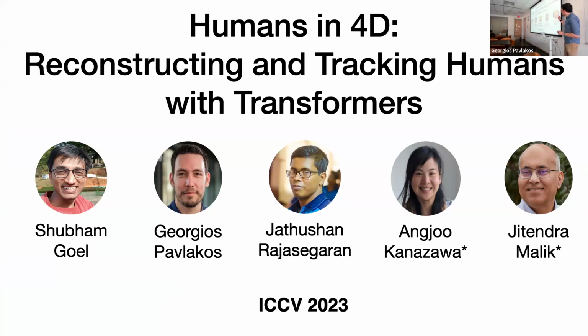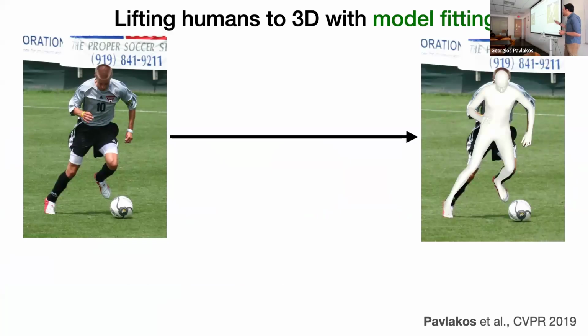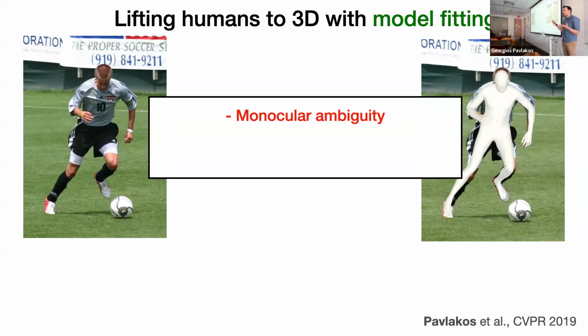So in this problem of lifting humans to 3D, or honestly lifting any object to 3D from a single image, this is very challenging. Just some general problems that you have to deal with is the monocular ambiguity. There are many plausible 3D interpretations of the same 2D image.